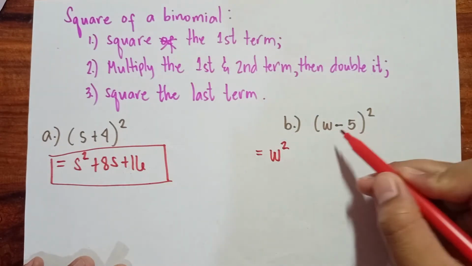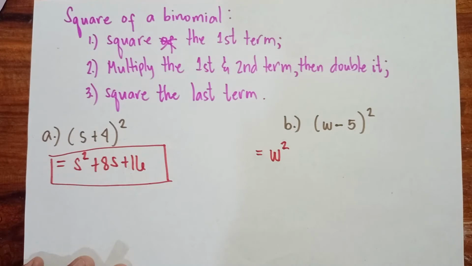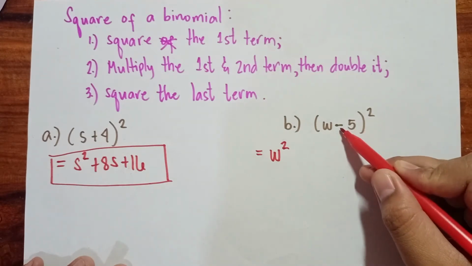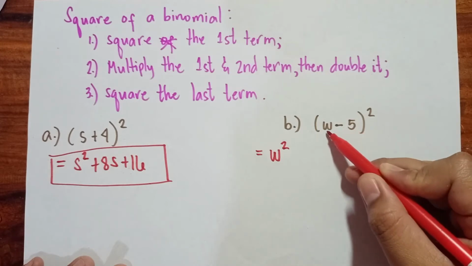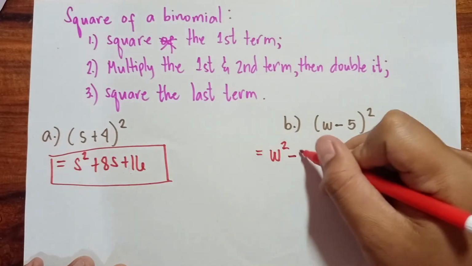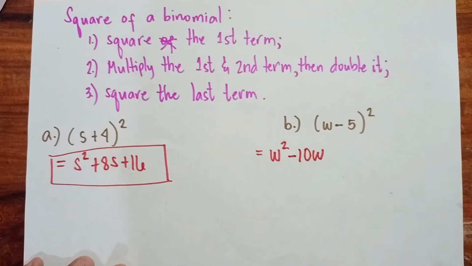Second step, we multiply the first and the second term. Again, the first term is w, the second term is negative 5. So multiply w and negative 5. What is the product? Negative 5w. Then, we double negative 5w, or we multiply 2 to negative 5w. That gives us negative 10w.